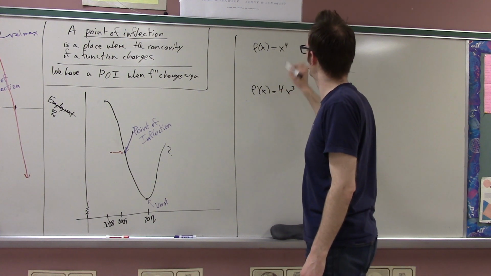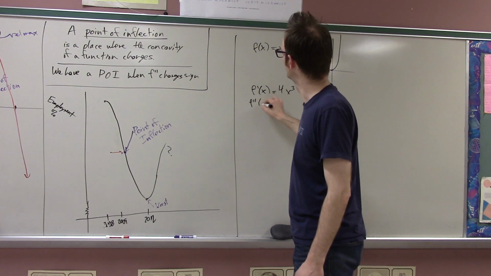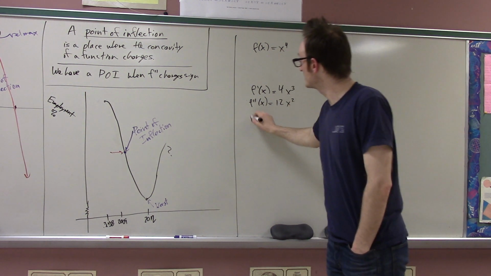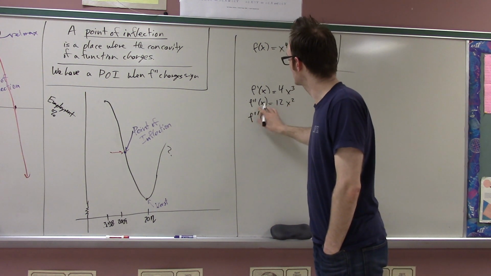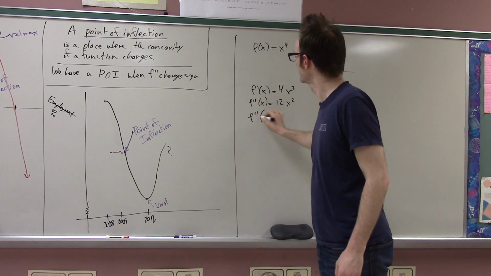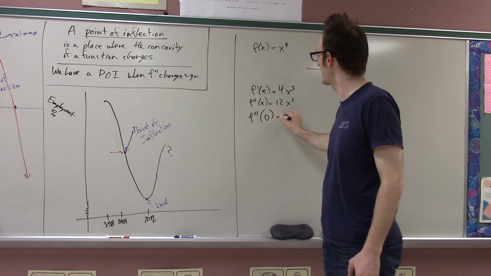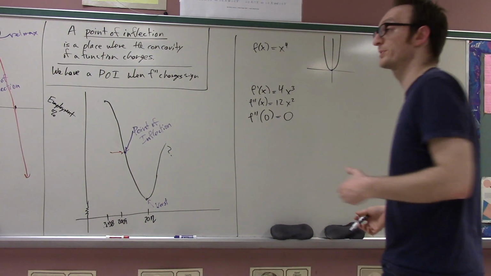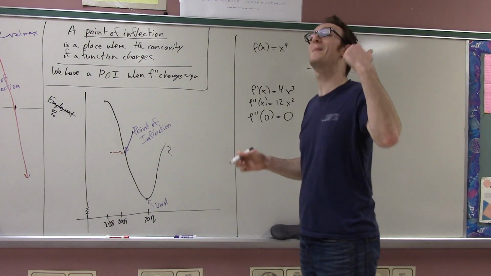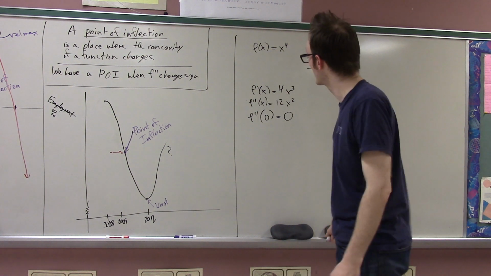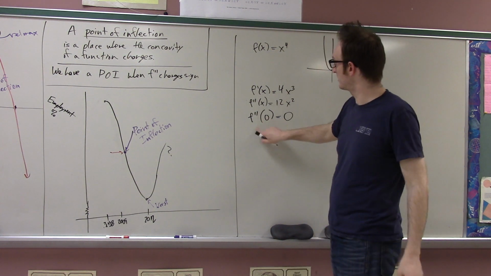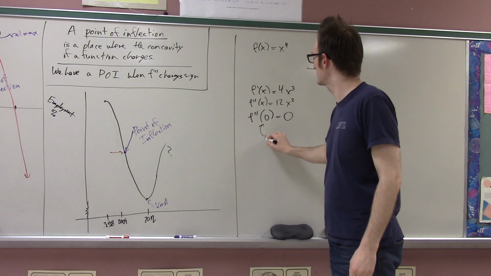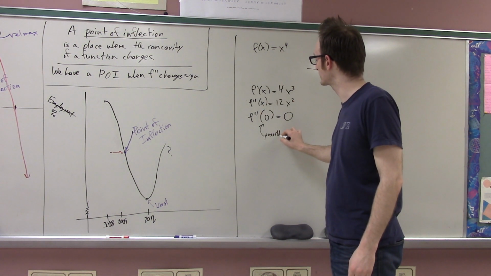4x cubed is the first derivative, and the second derivative is 12x squared. Now, it is true that f double prime of 0 is 0. So just like critical values are the place where the first derivative is 0, and they might be relative extrema, places where the second derivative is 0 are things that might be points of inflection. So this is a possible point of inflection.